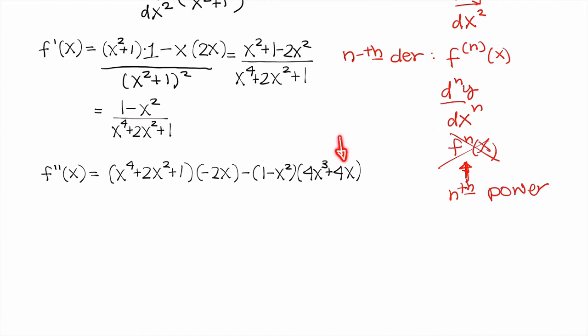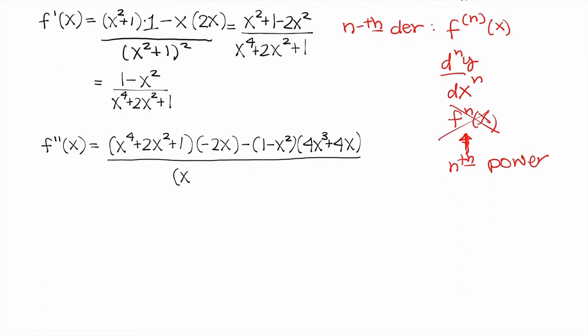So that's where the 4 comes from. And the derivative of 1 by itself is 0. And then I have this all over x to the fourth plus 2x squared plus 1, squared.